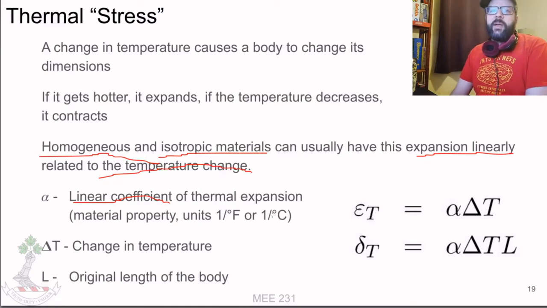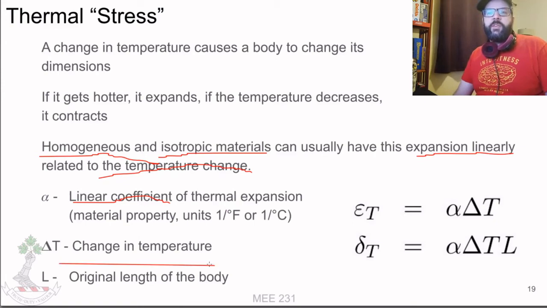You can look at it like that, or if you want to keep it in terms of strain, it could be inches per inch degree Fahrenheit, or millimeters per millimeter degree Celsius. That gives us the strain.